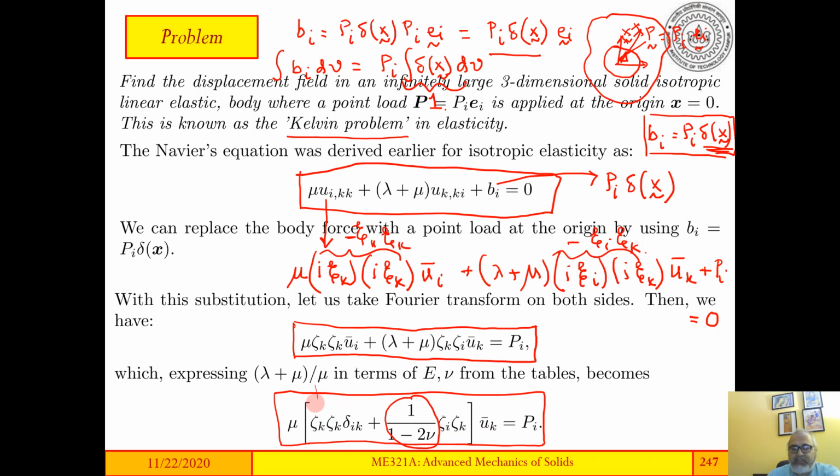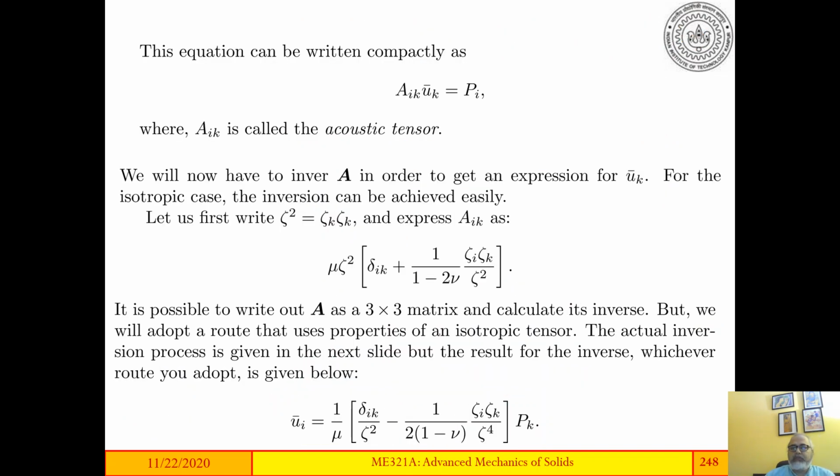So this is a matrix, which we are going to call A_ik, and it depends on zeta; it is a function of zeta.